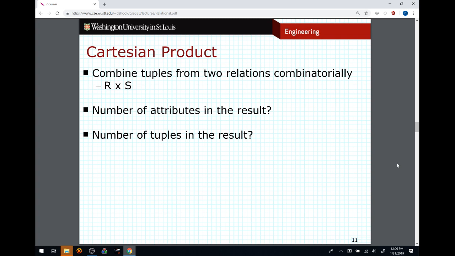Here I have columns A and B, right? 1, 2, 3, 4 as my rows. Here I have columns C and D in the second relation. 5, 6, 7, 8.